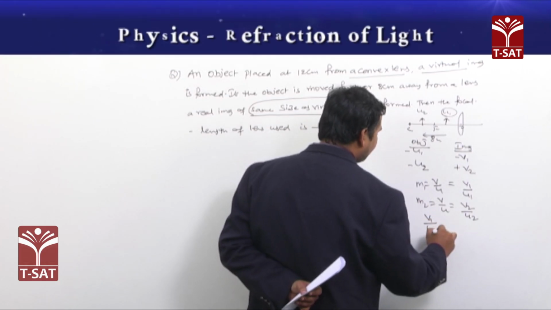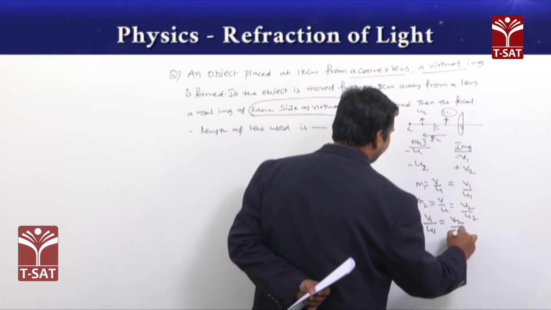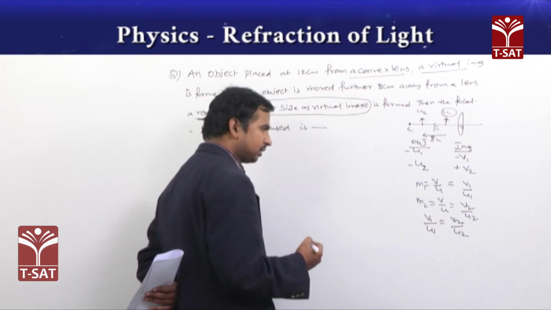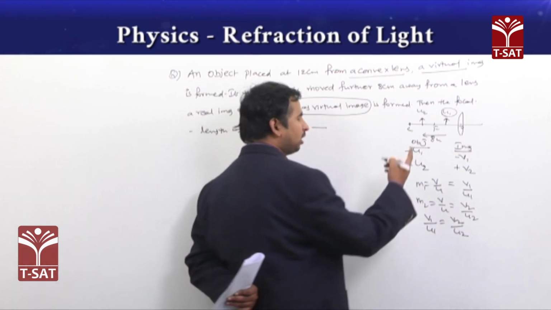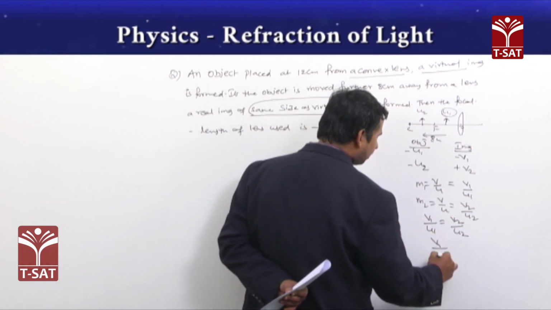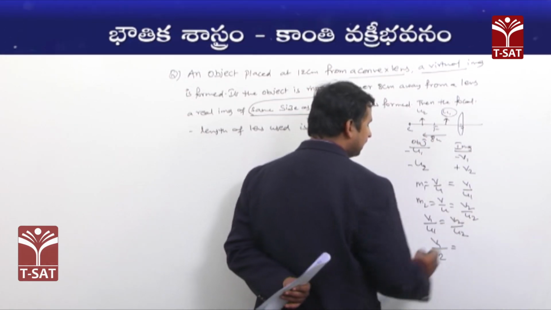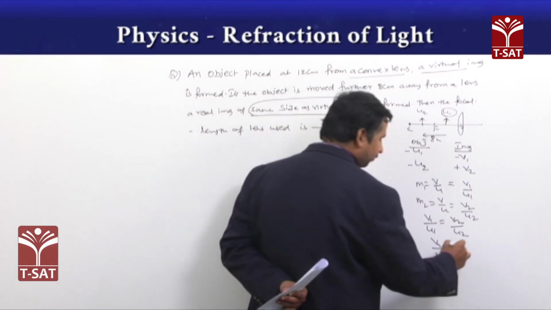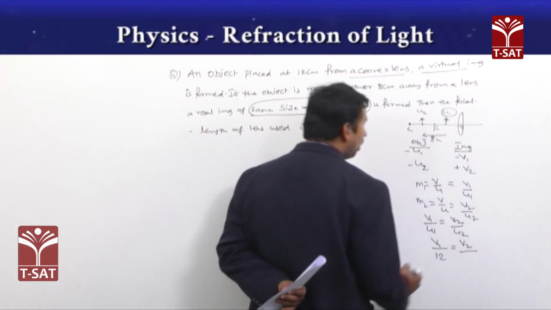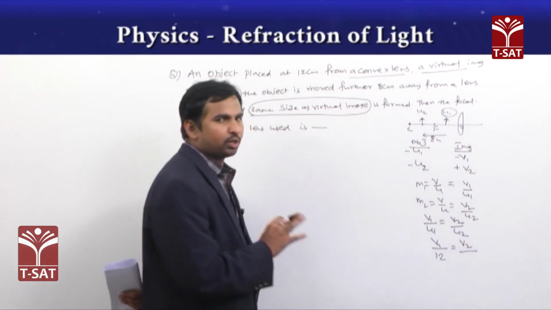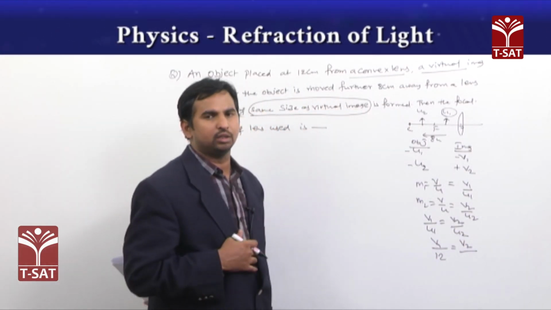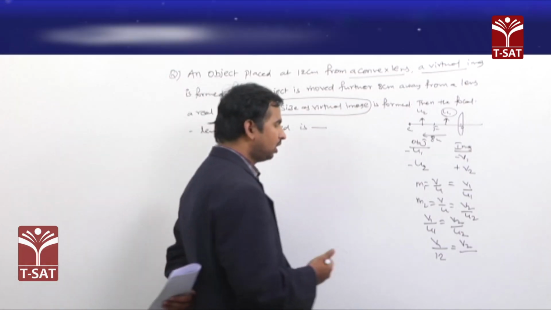So V1 by U1 is equal to V2 by U2, where V1 is the image distance in the first case, where the object is placed at 12, and V2 is the image distance for the second case, where the object distance is 12 plus 8, since it is moving away by 8, so it becomes 20 centimeters.